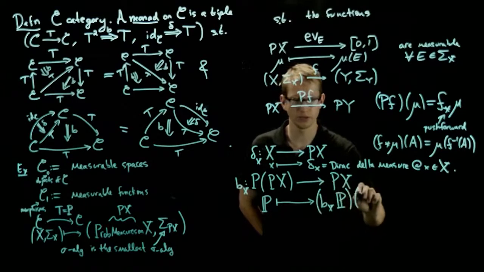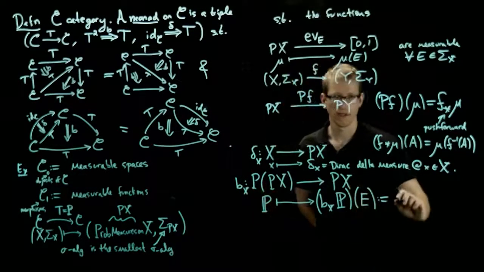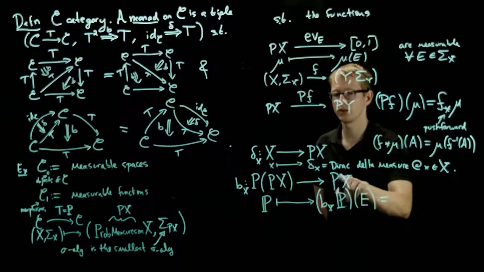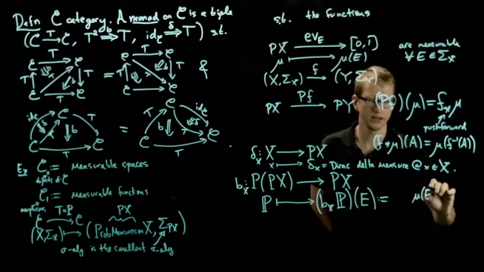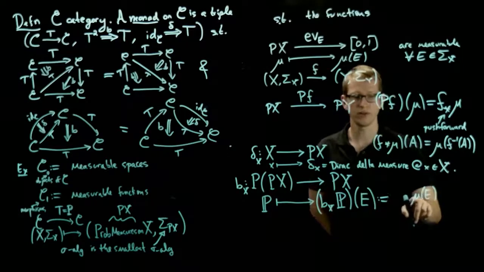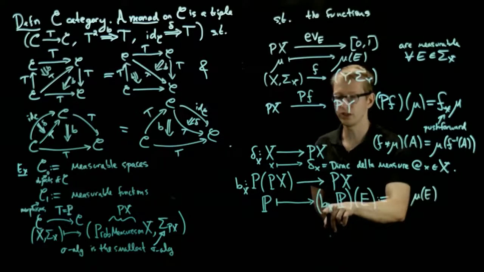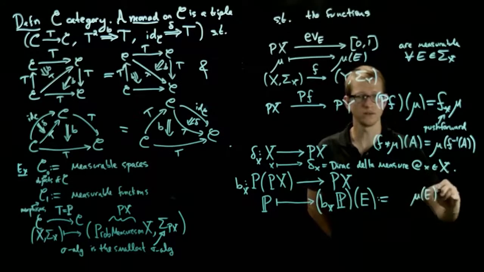And so what happens when we evaluate a measurable subset of x? Well, what we can do is we can evaluate this for every single measure on x that's available. So what we can do is we can evaluate an arbitrary measure on our measurable subset E, and then we can use this measure to integrate all of these values.